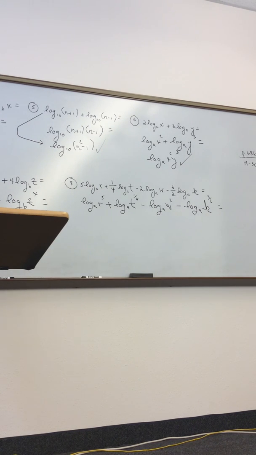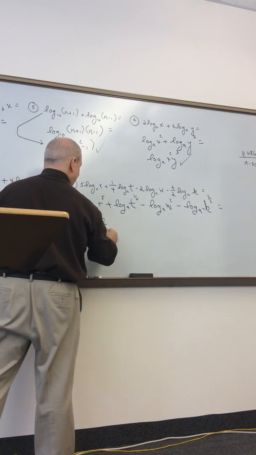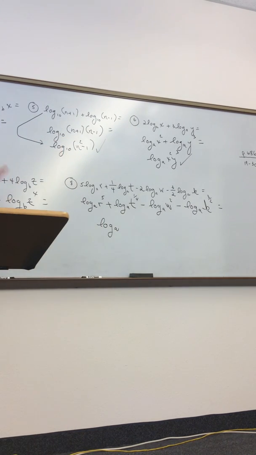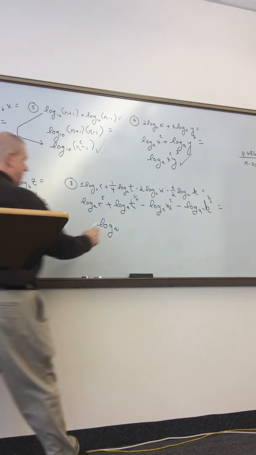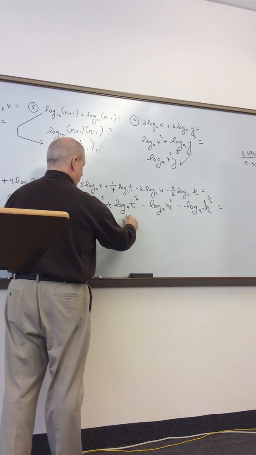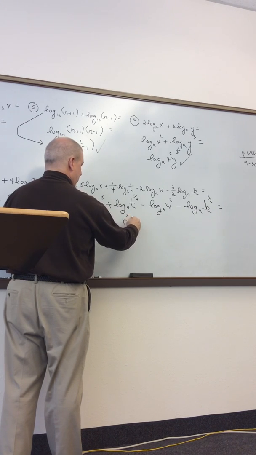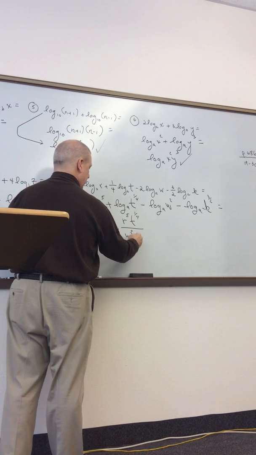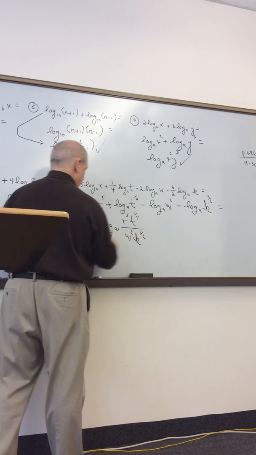In the denominator. So the single logarithm here is the log to the base a of, give it to me. They're all there. It'll be a big fraction. What's it going to be? Spread it out, Dave. Log of r to the 5th t to the 1/4 over w squared k to the 3/2 to the base of a.